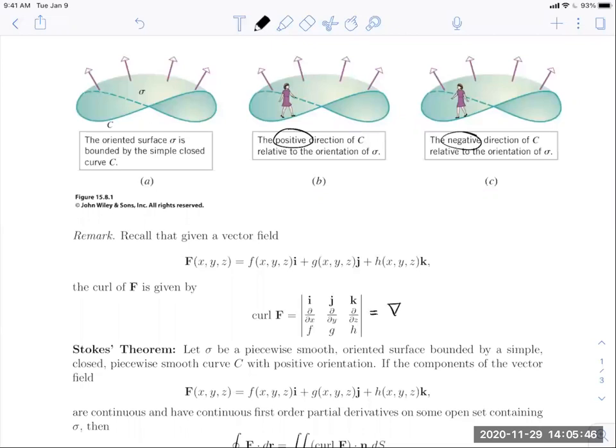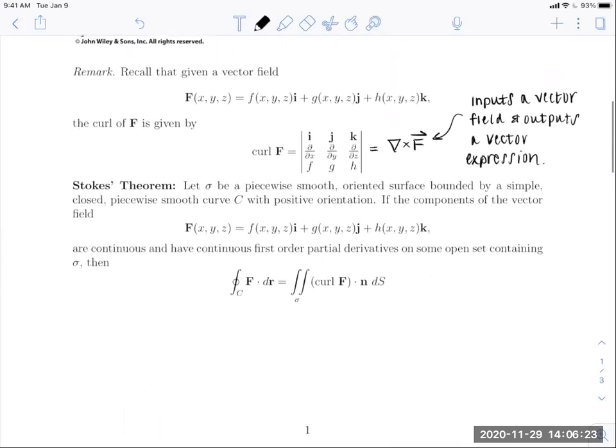Oftentimes we write this as the del operator crossed F. I just want to remind you here that the curl operator inputs a vector field and outputs a vector expression. The divergence of a vector field outputs a scalar expression. The curl of a vector field outputs a vector expression. So we can now talk about Stokes' theorem.